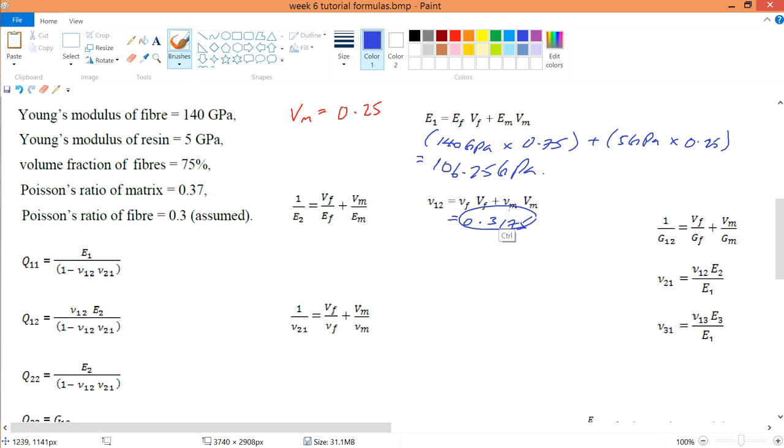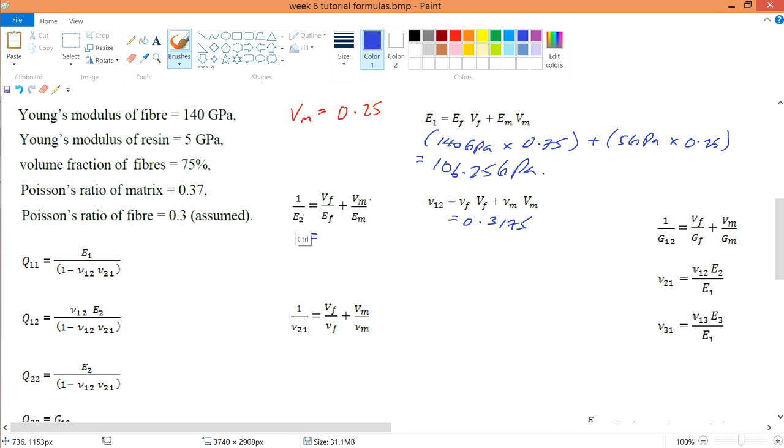Just numbers. Okay, and then next, please remember when you calculate certain stuff. For example, if I were to calculate this, remember it is the volume fraction divided by the Young modulus. As you can see, this is also volume fraction divided by Young modulus. This is volume fraction divided by Poisson ratio.